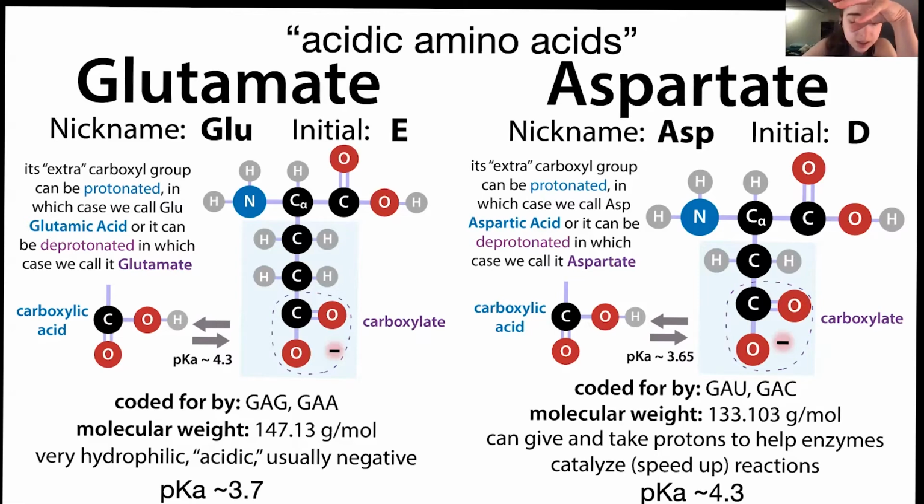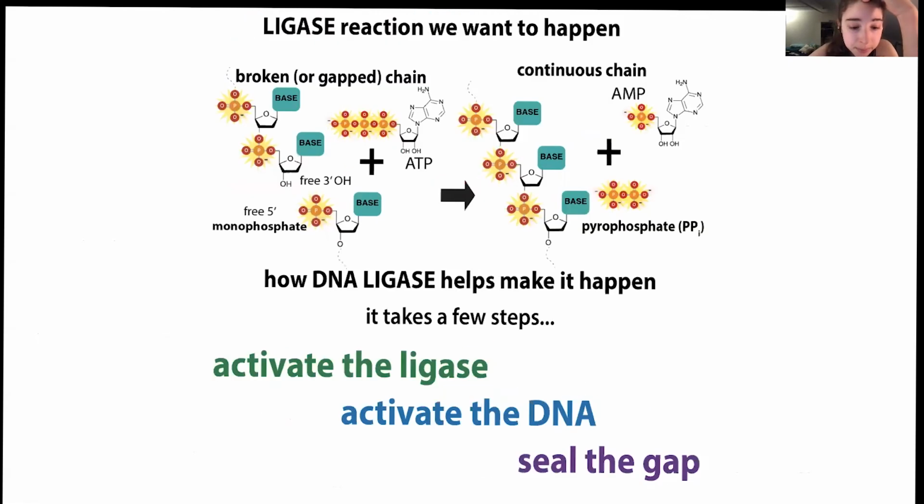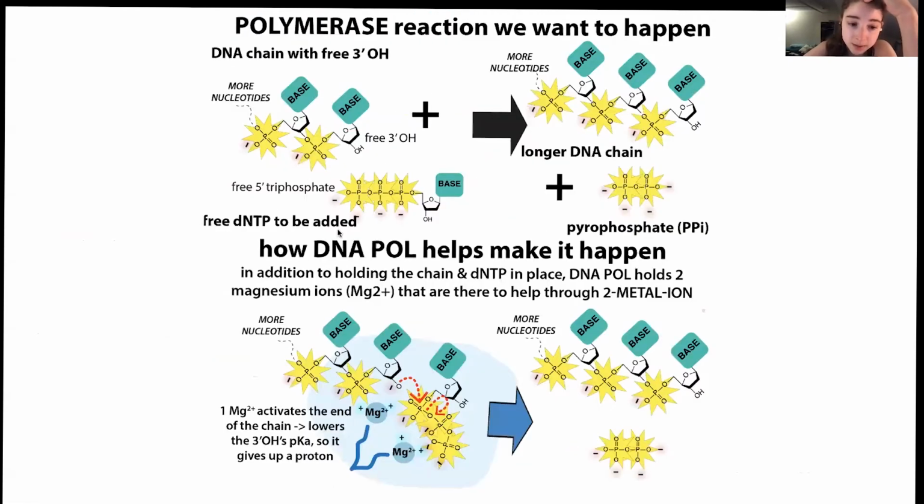And this is happening in the active site where you have these two magnesium ions. One of these is going to help activate the 3' end of the growing strand. And the other magnesium is just going to help stabilize everything as you're getting this uncomfy state.